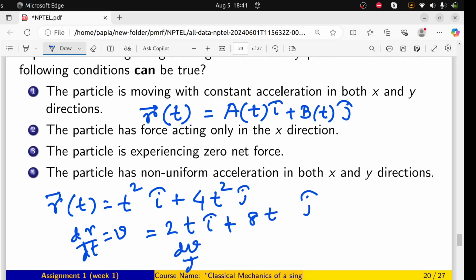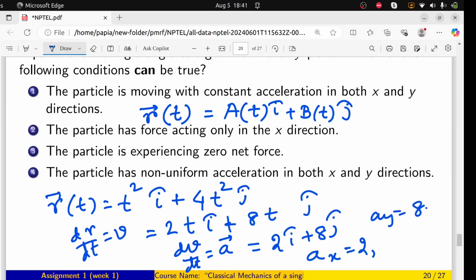Now what is dv dt, the acceleration? It is 2 I cap plus 8 j cap. Now we can say ax is 2 and ay is 8, right? So the particle is moving with constant acceleration in both x and y directions. Both ax and ay are time independent, that means this is a constant acceleration.